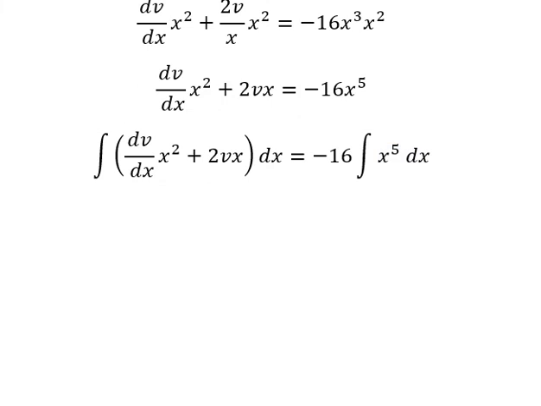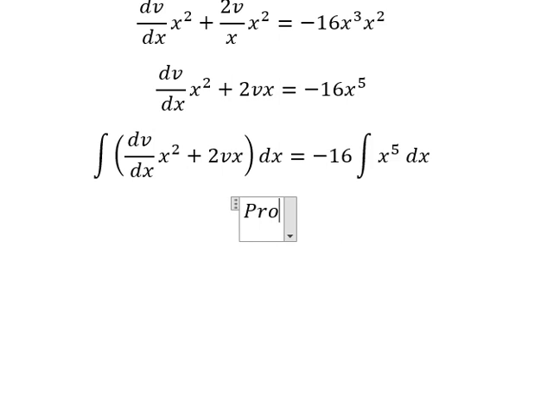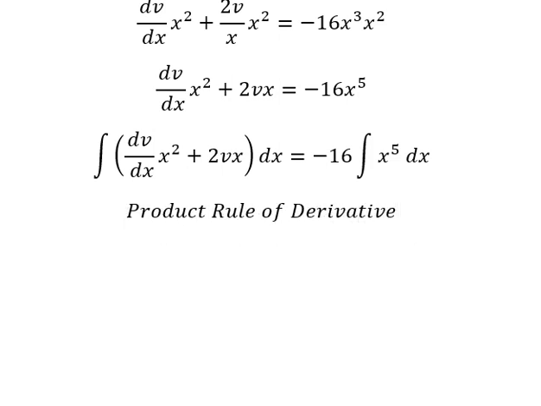So the next one, we need to apply the product rule of derivative. So we know that the first derivative of y equals the first derivative of a multiplied by b plus the first derivative of b multiplied by a.